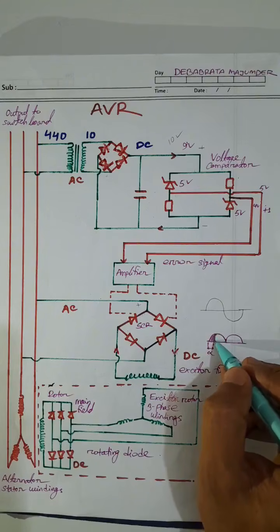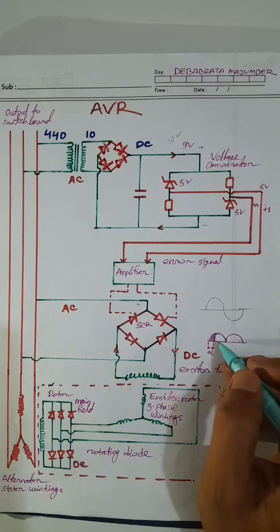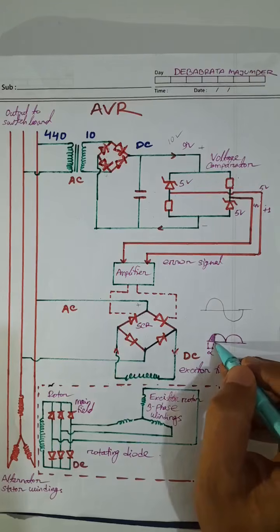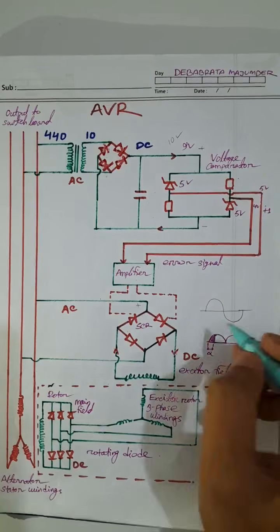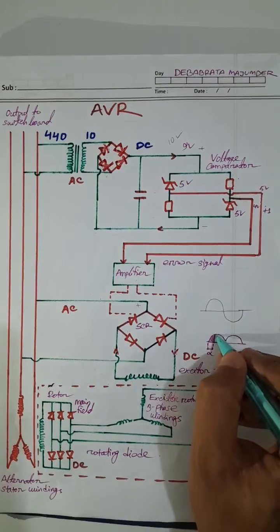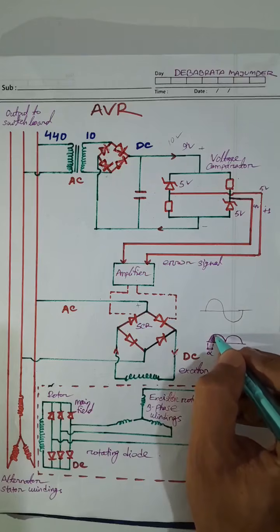We will only use the voltage after that point for the excitation, and this side voltage we will not use, because this is before firing.